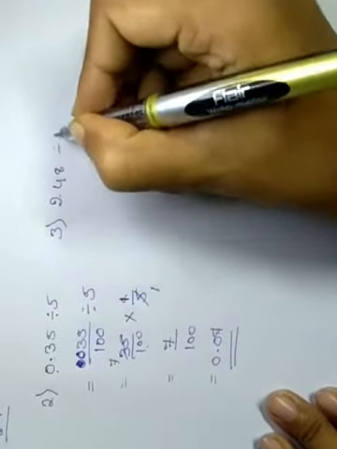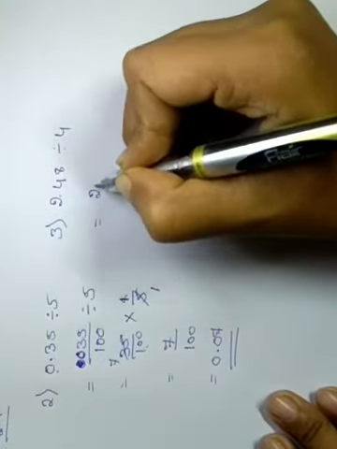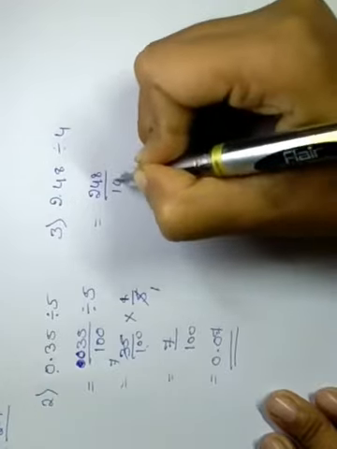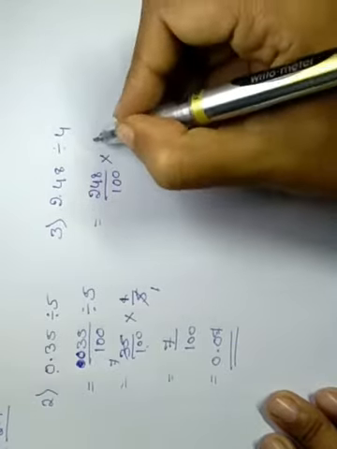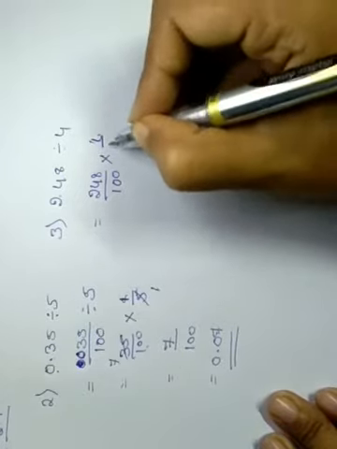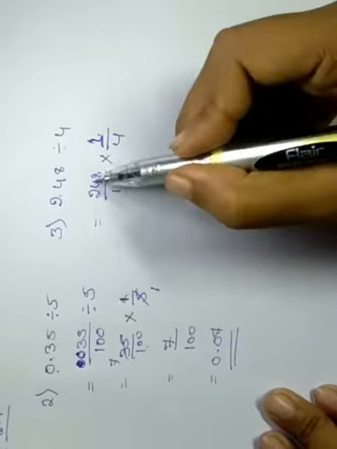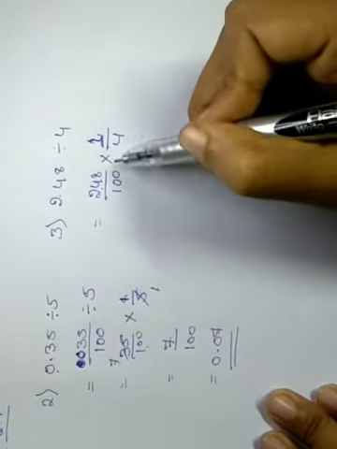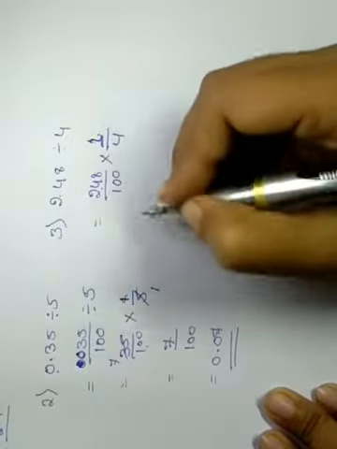Then the third one, 2.48 divided by 4. 248 divided by 100, changing the sign, and 1 divided by 4. In the first step only I have removed the decimal point, changed the sign and taken the reciprocal. I have written it directly.